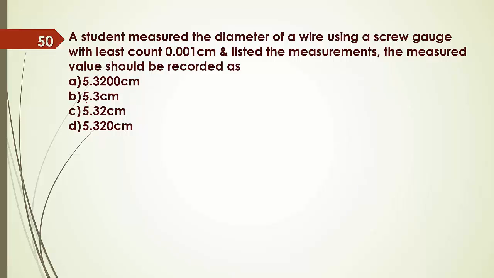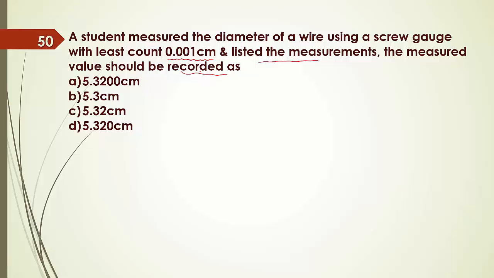50th question. A student measured the diameter of a wire using a screw gauge with a least count of 0.001 centimeter and listed the measurements. The measured value should be recorded as. See here, the least count of the screw gauge is the smallest length which can be measured accurately.